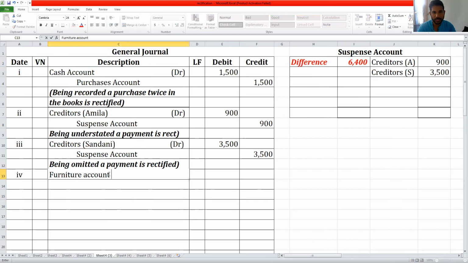Furniture account debit 4,000. Further, purchases account credit 4,000.